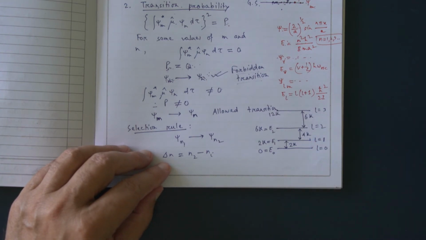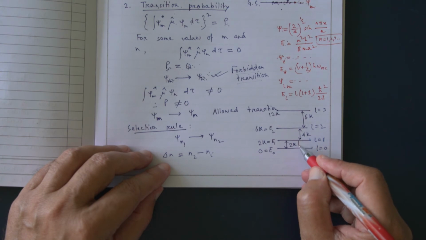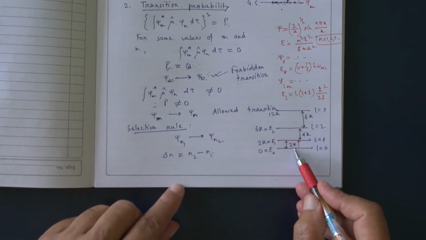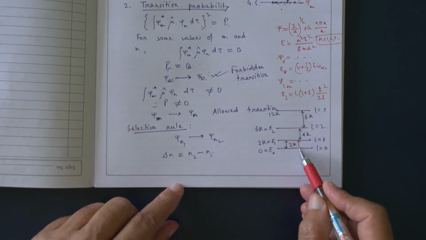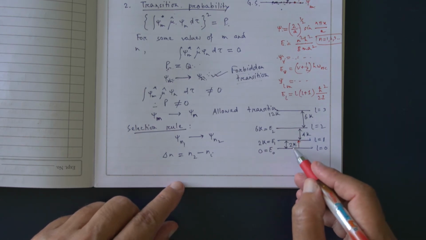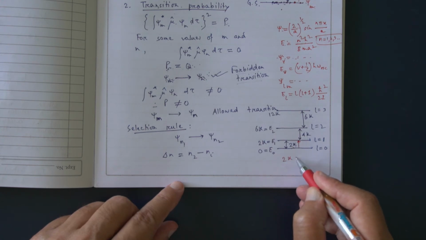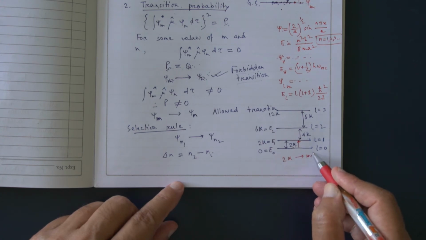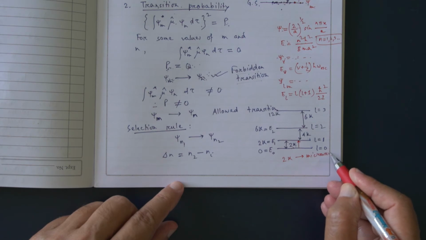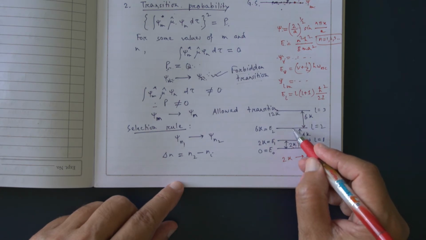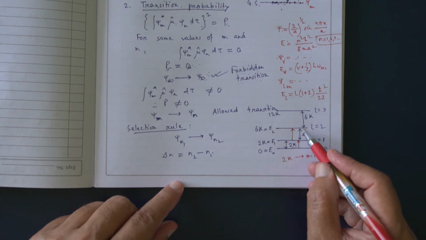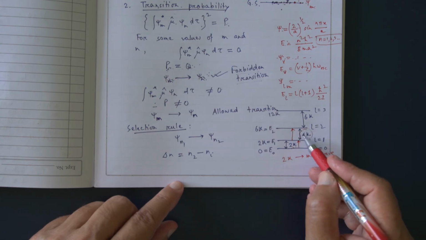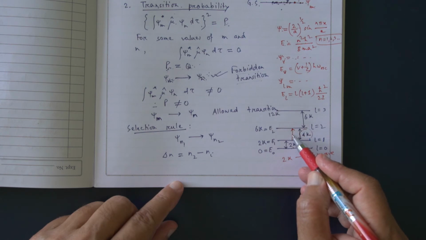Now for this transition, how much energy is required? 2K. For this transition, how much energy is required? 2K. Now 2K energy can be obtained from microwave radiation. We have already discussed. For this transition, how much energy is required? 4K. This energy also can be obtained from microwave radiation.